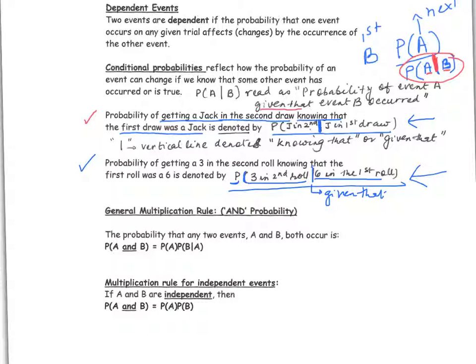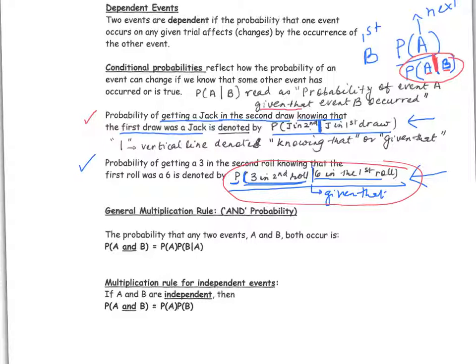We get 6 in the first roll, and we're trying to calculate the probability of getting a 3 in the second roll. Do we really need to know what happened in the first roll to figure out the probability of what happened in the second roll? And the answer, we know clearly we don't need to know what happened before, because every time you roll a die, the probability of getting a 6 or a 3 remains the same no matter what happened before.